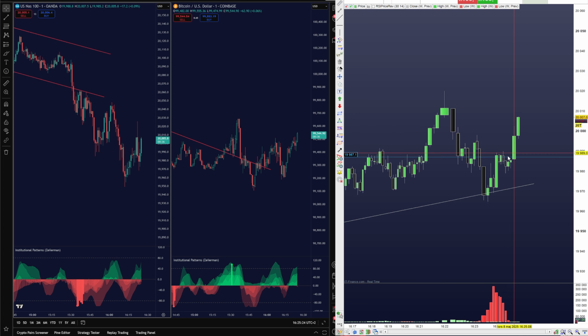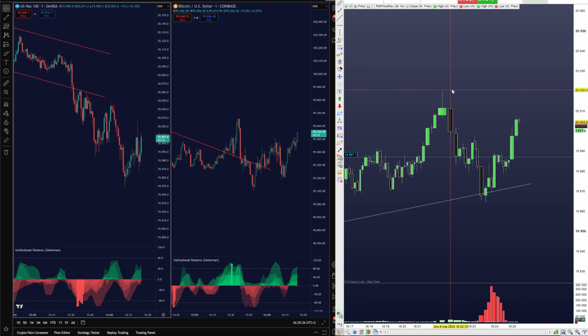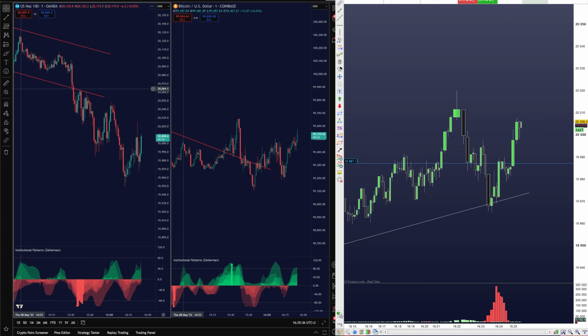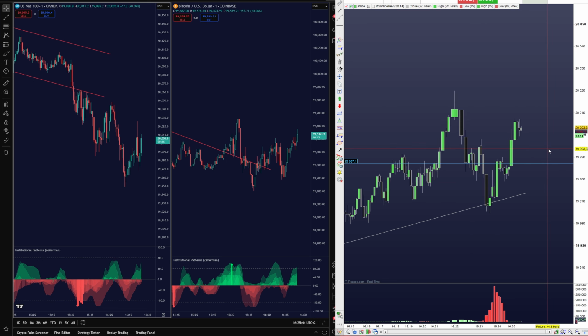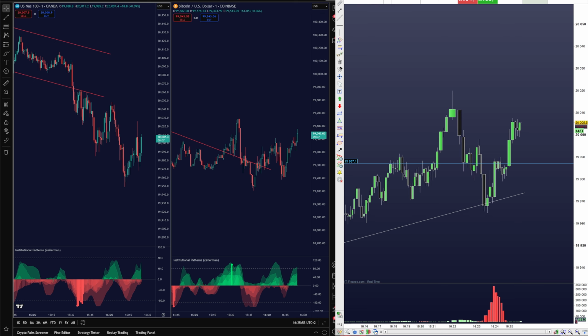All right, so hopefully this will at least take out this high again. If not, I will most probably sell this at break even if we come back down, because at these levels we need to see some sort of momentum, strong buying or selling pressure. Otherwise it's easy to get swept out.